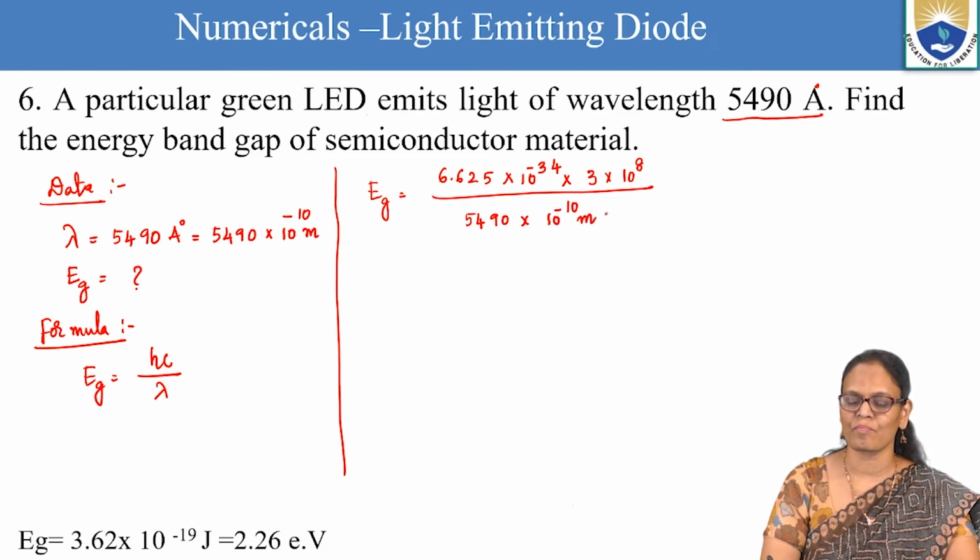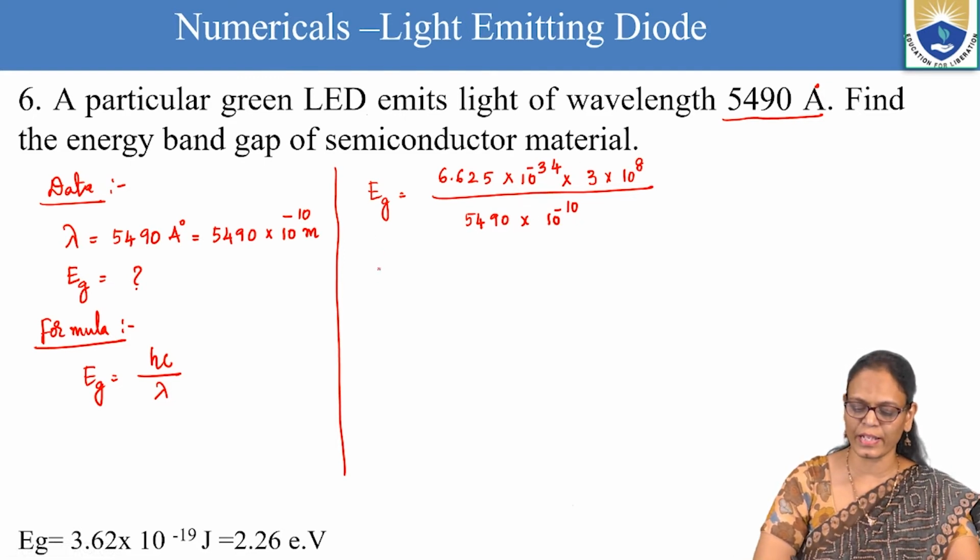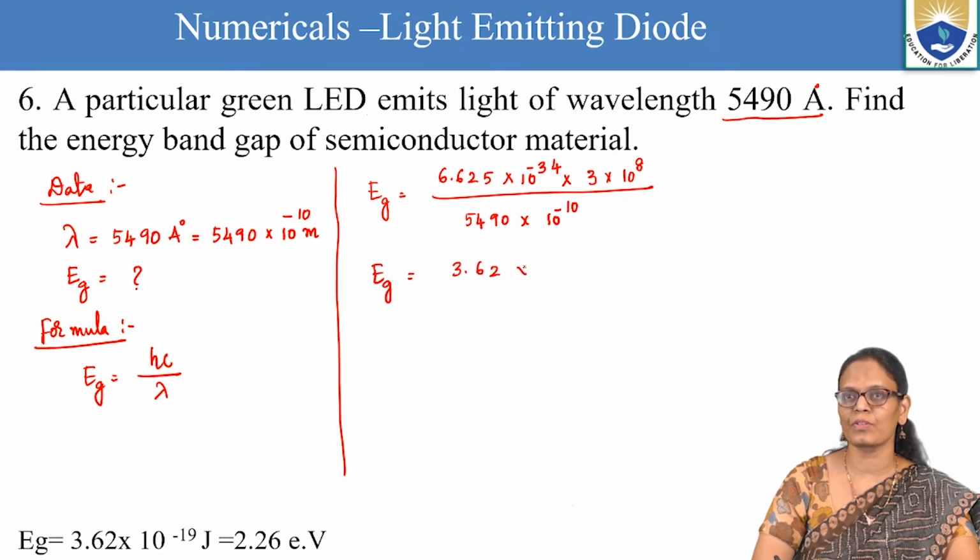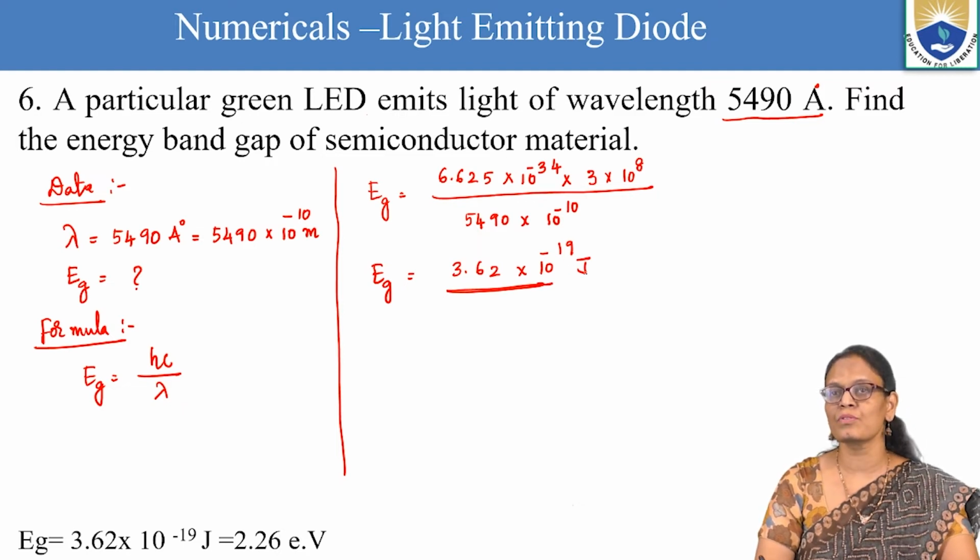We are doing the simplification. So simplify using the calci. You get Eg is equal to 3.62 into 10 power minus 19 joules. So in SI system, the energy is obtained in joules.